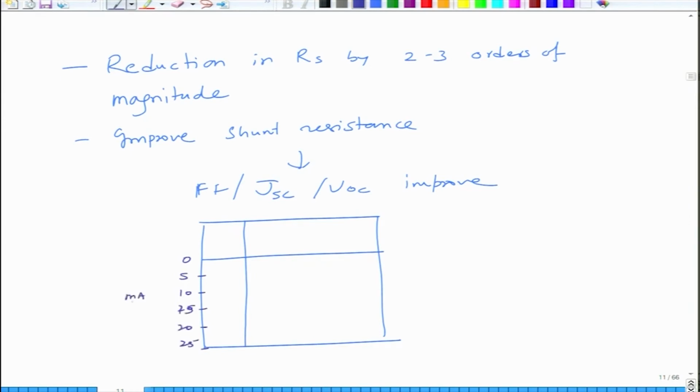This is milliamps per centimeter square, J. And the voltage, let us say, is about 0.5 and 1 volt here. So, the one without any heat treatment would give you a property something like that. So, this is without heat treatment.